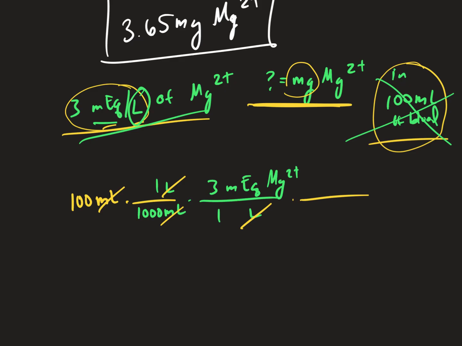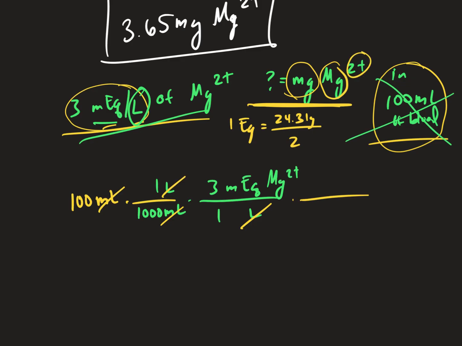I want milligrams. How can I convert milliequivalents into mass? I need to find the equivalents, right? So 1 equivalent is equal to what? Molar mass of magnesium, which is 24.31 grams over 2, because that's the charge.